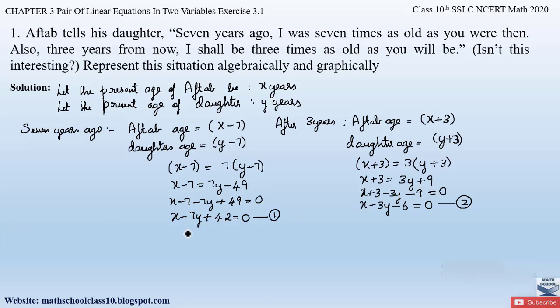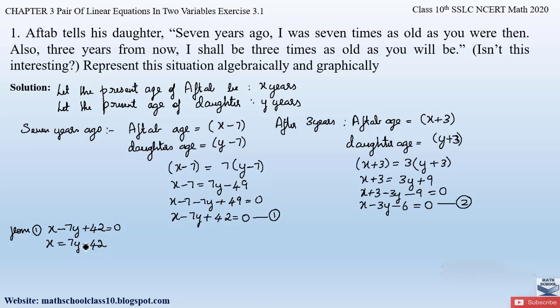So from equation 1, which is given as x minus 7y plus 42 is equal to 0, let us find out the x value here by sending all the other terms to the right hand side. So we will get x as equal to 7y minus 42, since minus 7y will become plus 7y going to the right hand side, and plus 42 will become minus 42. So we have got the x value.